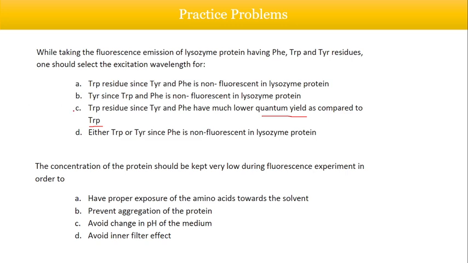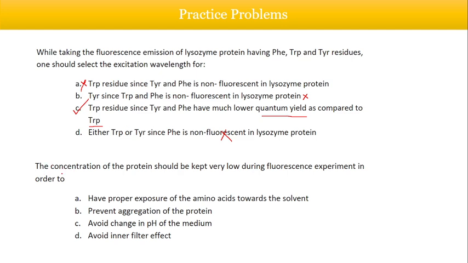Other options: tryptophan residue since tyrosine is non-fluorescent, which is not correct; tyrosine since tryptophan and phenylalanine are non-fluorescent, that is also not correct; and either tryptophan or tyrosine is non-fluorescent, so this is not correct. So C is the right option.